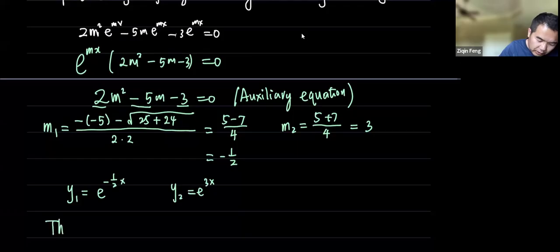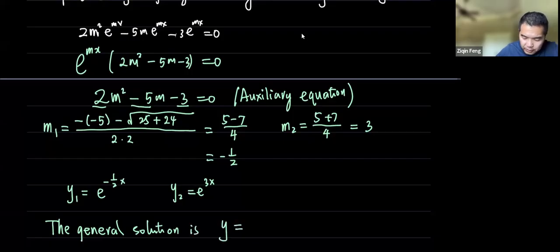So the general solution is y equal to c1 e to negative 1 half x plus c2 e to 3x.